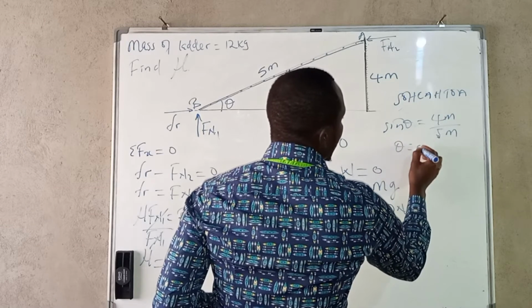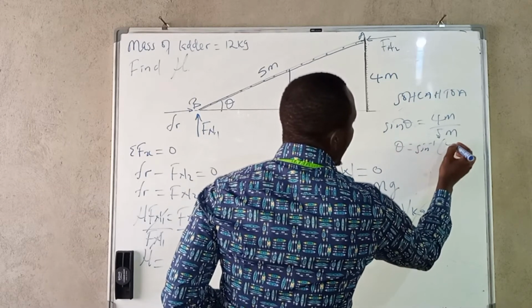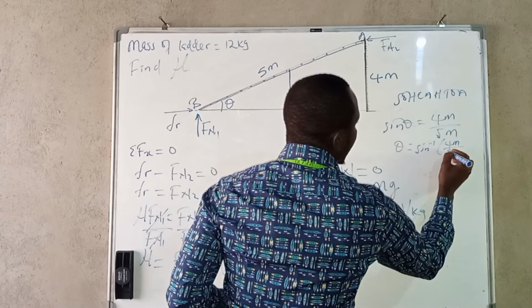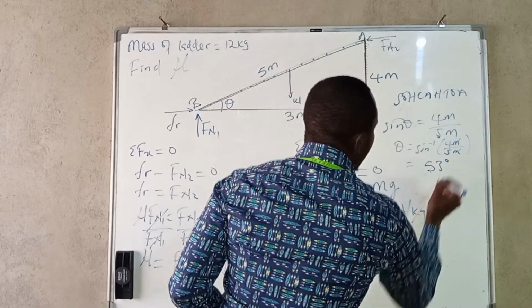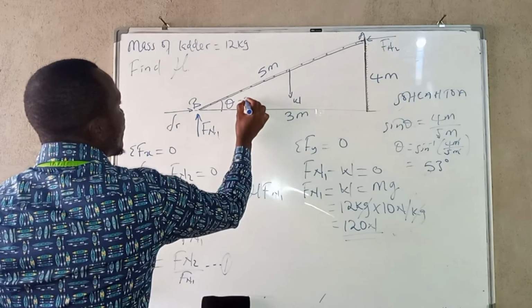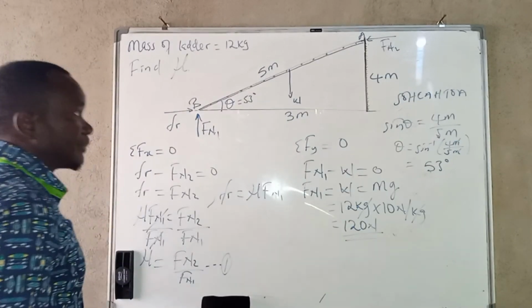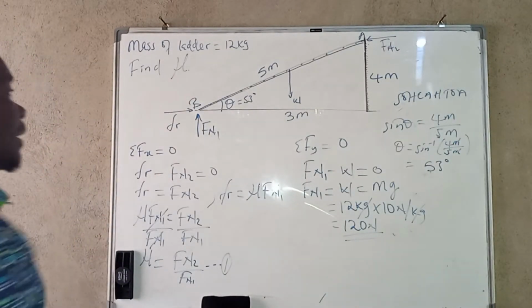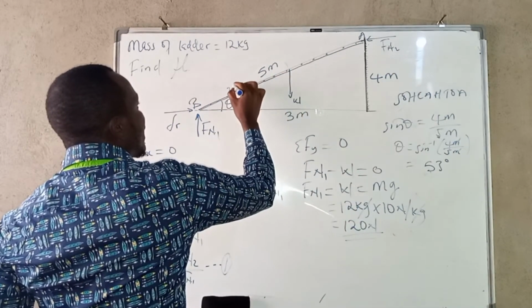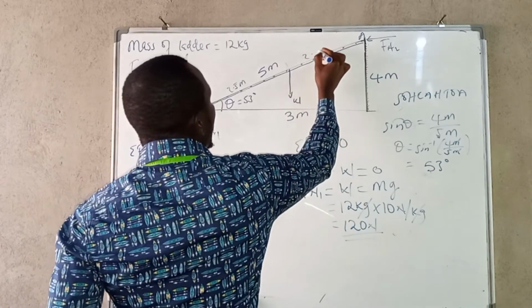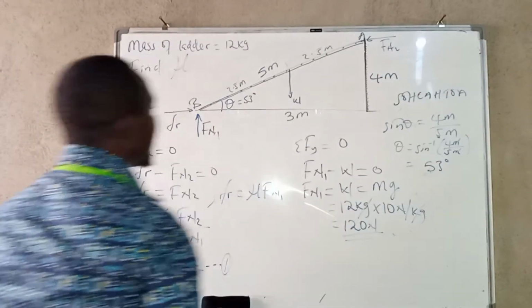So theta is the sine inverse of 4 over 5, and that gives us 53 degrees. Since the ladder is 5 meters and the weight is halfway, we have 2.5 meters here and also 2.5 meters here.